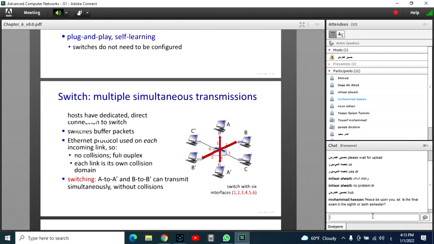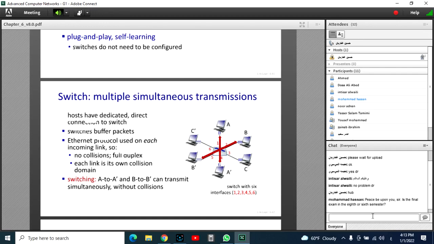Those hosts are connected together, and at the same time, they can transfer their data.